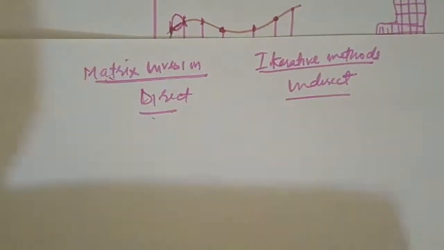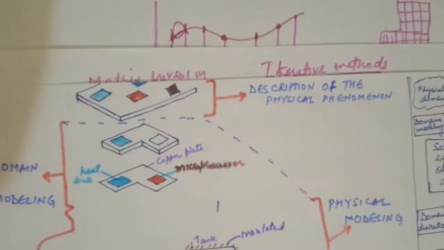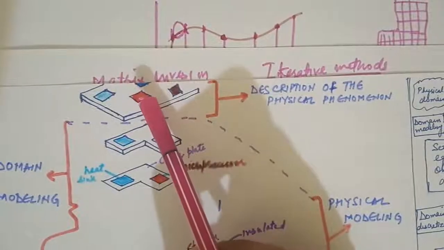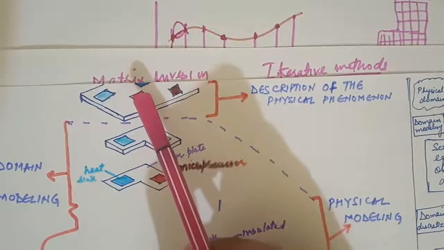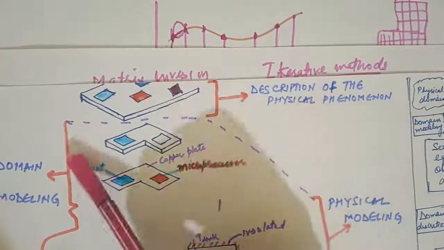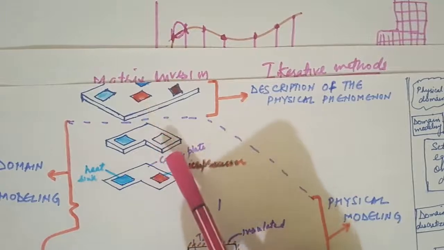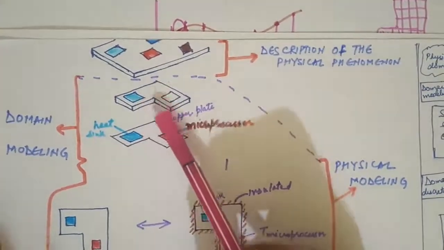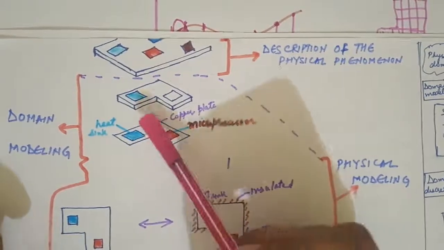So to summarize what we have covered in the previous lecture as well as in the present lecture, we have gone through a journey in which we took an example of a circuit board which had some microprocessors and heat sinks. Then we did some geometric modeling and physical modeling to simplify the geometry as well as the physics part of it.